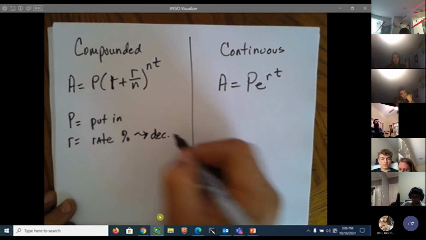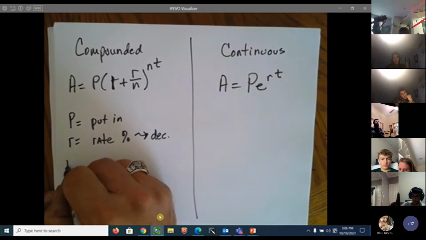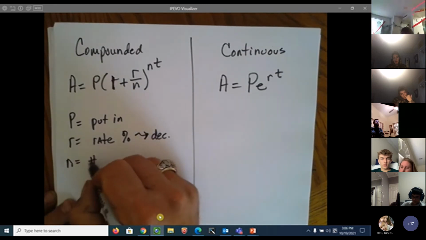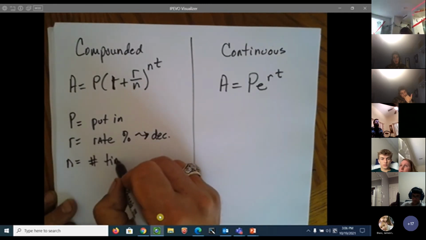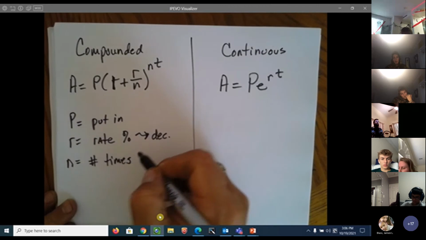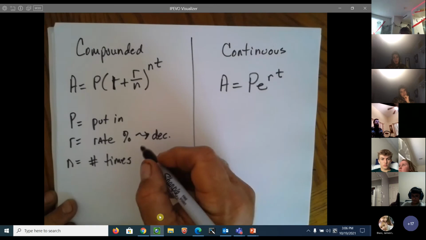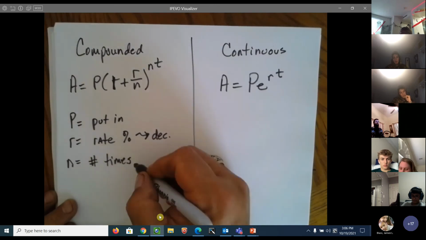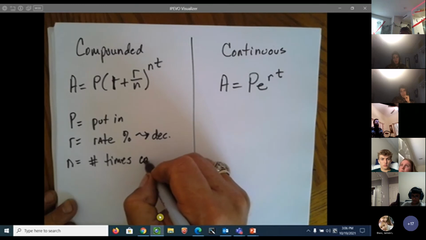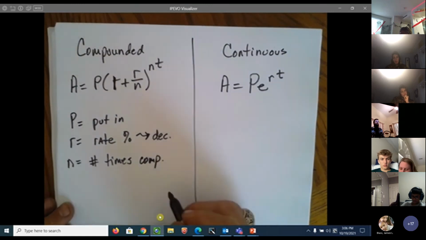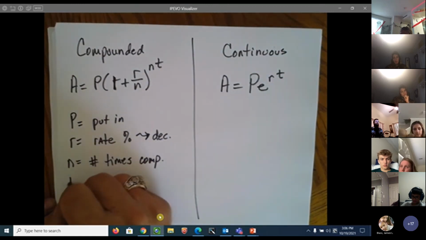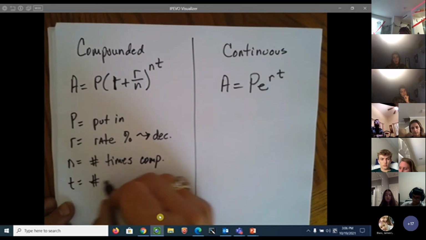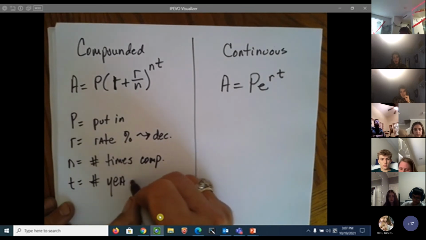N is the number of times it is compounded. It will say quarterly, daily, yearly, annually, semi-annually, monthly. N is equal to 12 with monthly. And t is the number of years. Now be careful here.